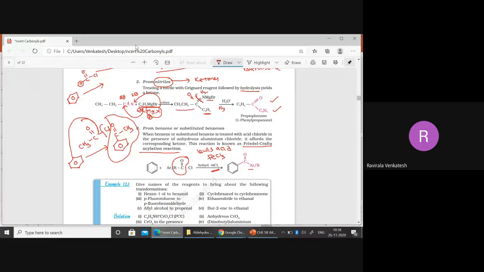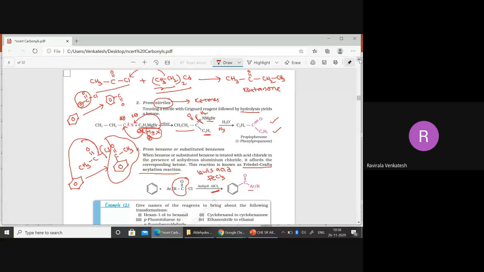So here, this part will connect here. C double bond O. Like this. This is the name of this product. This is acetophenone. Everyone should know this one.